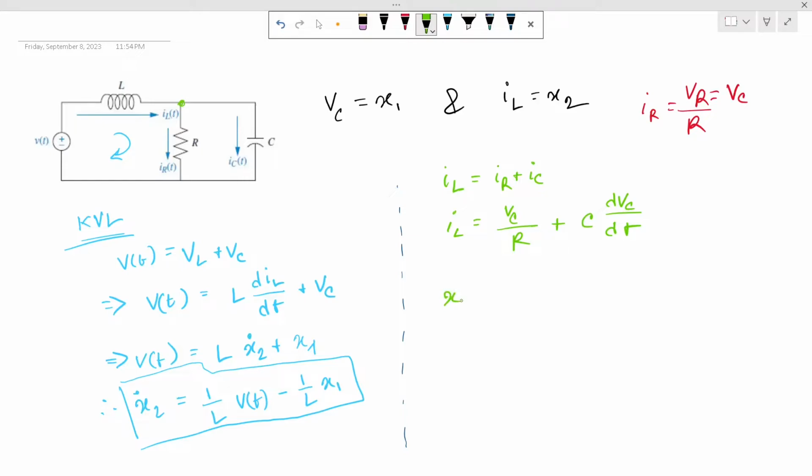Now x2 is equal to 1 by R x1 plus C x1 dash. Here VC was x1, so x1 dash will be written, and VC is also x1, so x1 will be written here. Now x1 dash is equal to 1 by C x2 minus 1 by RC x1.